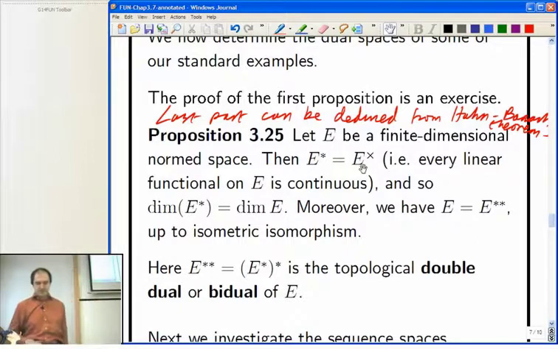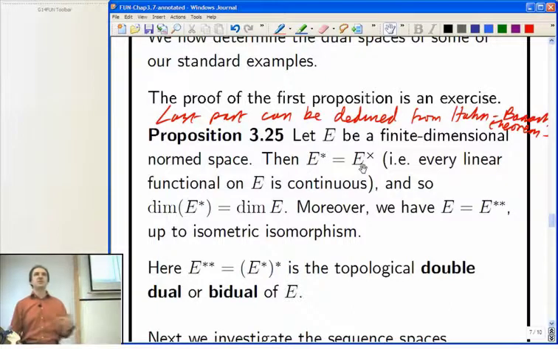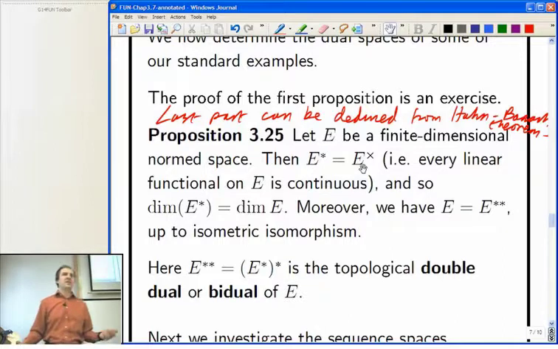Now, we know that all norms on finite dimensional spaces are equivalent. So in particular, when you're trying to check whether a linear functional is continuous, you may as well assume you've got some standard norm like the Euclidean norm, and then it's pretty obvious that linear functionals are continuous because linear functionals on a finite dimensional space are just given by multiplication by some finite matrix, essentially.